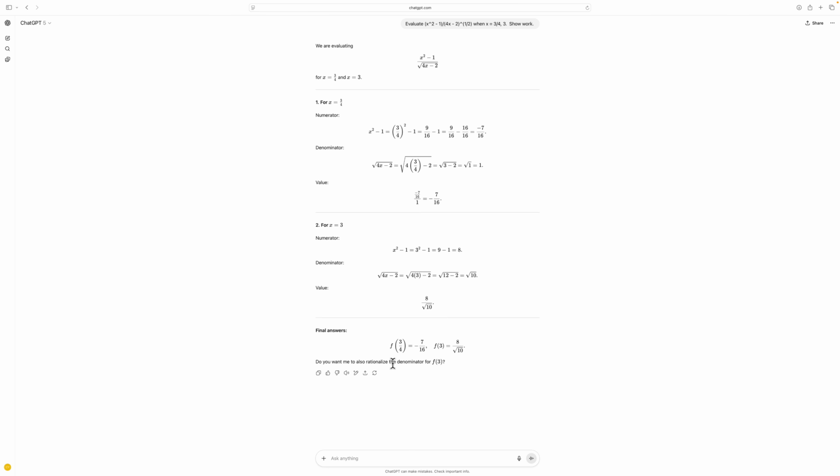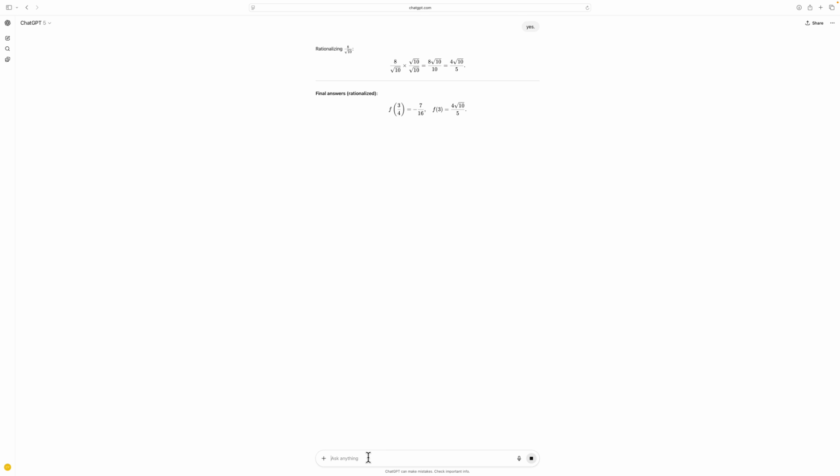Do you want me to rationalize the denominator? Well, that's interesting, isn't it? Yes. And so it does. You multiply the square root of 10 over the square root of 10, and it gives you 4 over 5 square root of 10. That's interesting, isn't it? Exactly what I did. Well, I didn't do this piece. Yes, I did do this piece, but I did not reduce in my video.